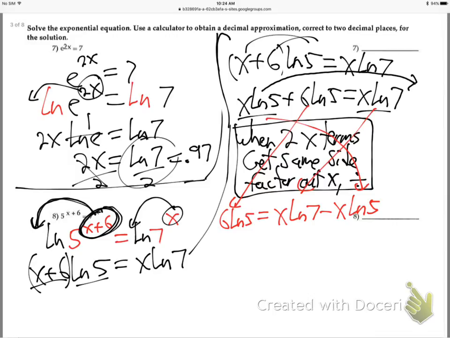See how that x ln 5 jumped to the other side, became a negative x ln 5? See how that put both x's on the same side? Now, you can just factor it out. And last step, just divide it.